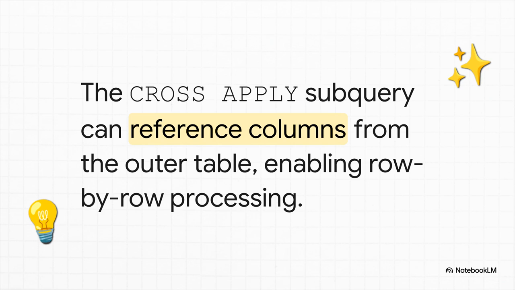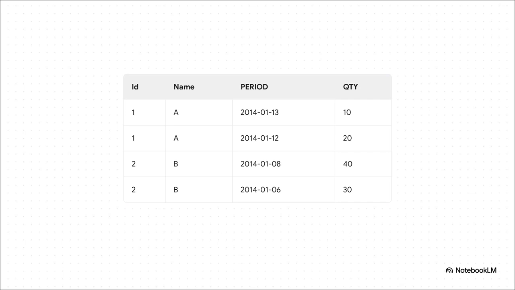That's a column from the outer table, from the table on the left. This ability to connect, to correlate the two sides, that's the whole game. And there it is, the perfect result. We get the top 2 orders for customer A and the top 2 orders for customer B. It worked because cross-apply ran the subquery once for each customer, one at a time. It did exactly what we intended.